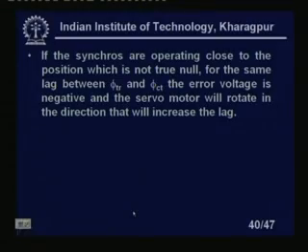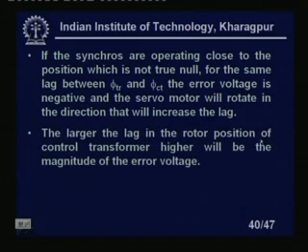If the synchros are operating close to a position which is not true null, for the same lag between phi TR and phi CT, the error voltage becomes negative. And the servo motor will rotate in the direction that will increase the lag. So, this will continue until we get the true null position.